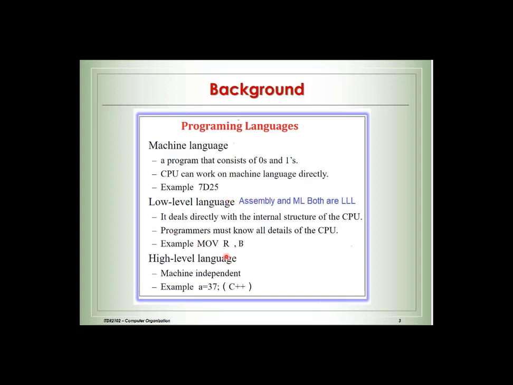For example, suppose you write an application program in C. It can be executed on the 6800 CPU without any modification to the source code.